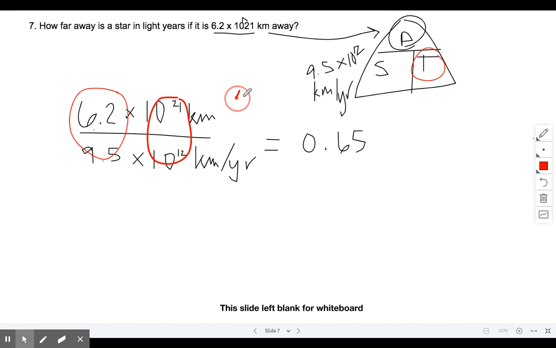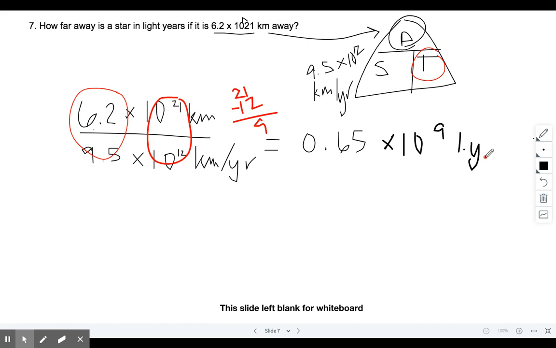So 21 minus 12 gives us 9. So this becomes times 10 to the 9 light years. I'm going to put LY for light years.